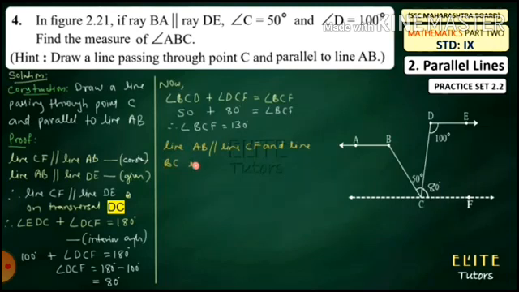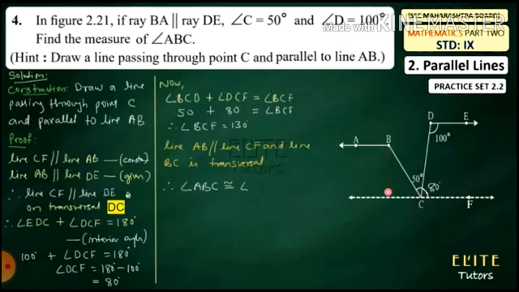So angle ABC is congruent to angle BCF by alternate angle test.